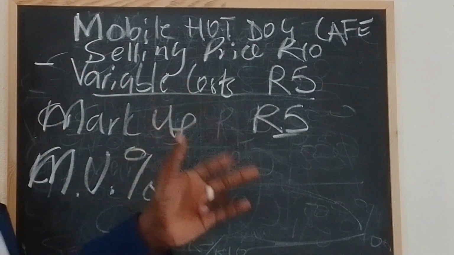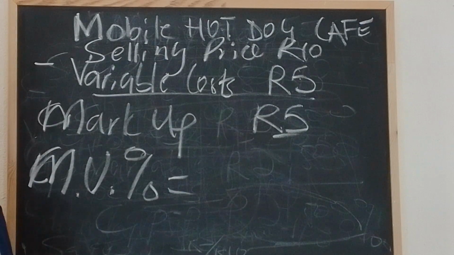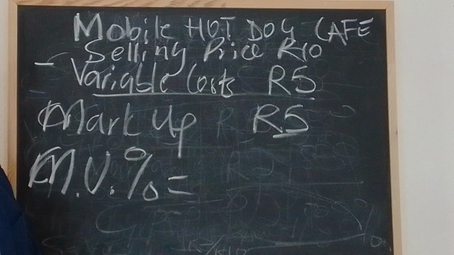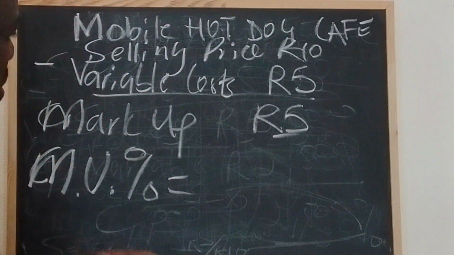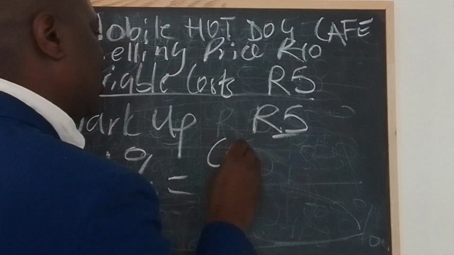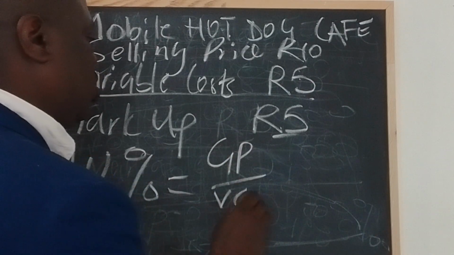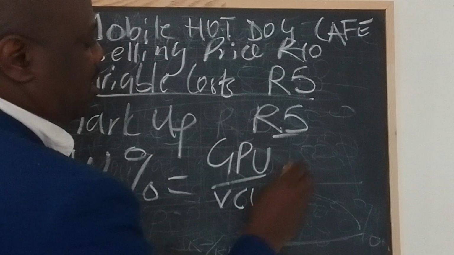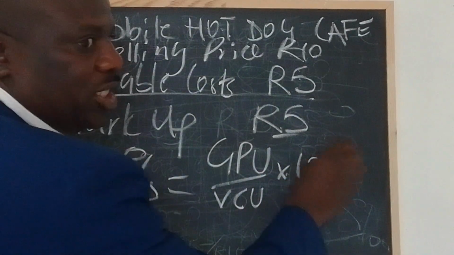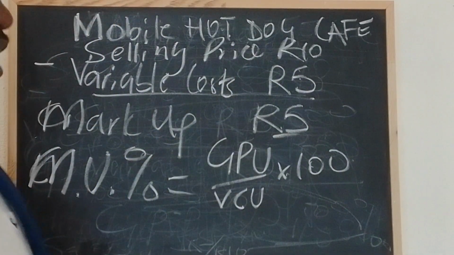And remember, markup and gross profit are the same. So the formula for calculating that is gross profit divided by variable cost per unit. I always forget to write per unit. So that's how it works.